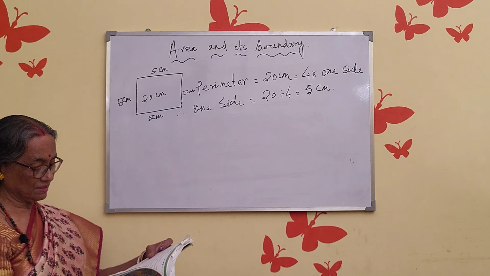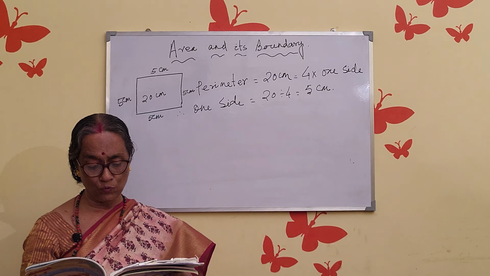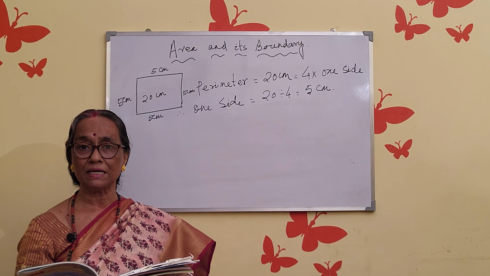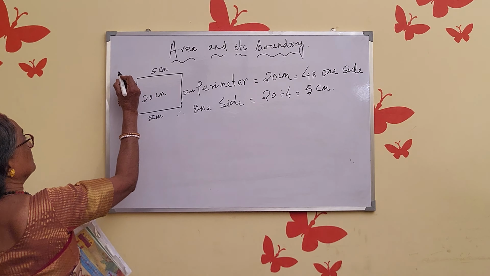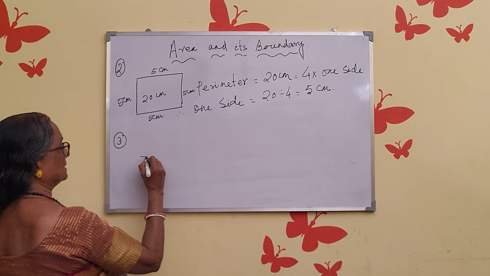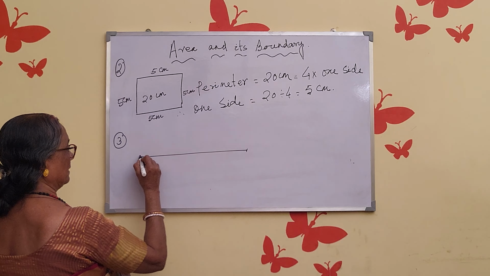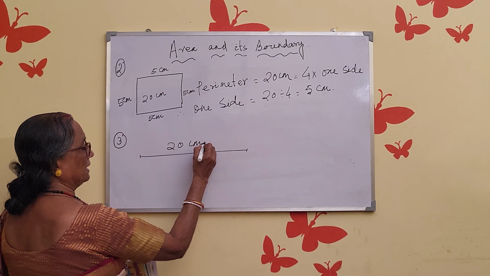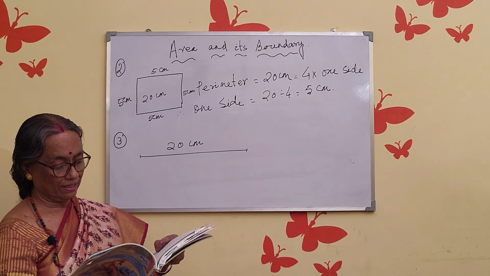Next question is, a thin wire 20 centimeters long is formed into a rectangle. This is a thin wire. Its length is 20 centimeter. It is formed into a rectangle.